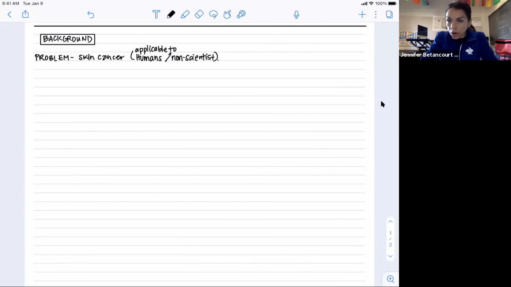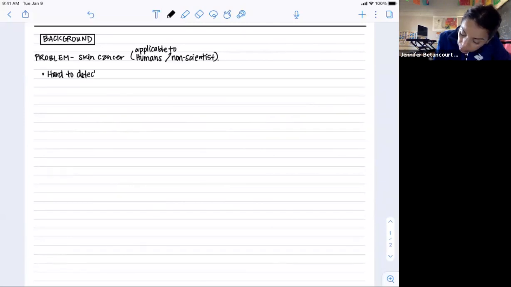Okay, so we are making a list of the things that kind of describe skin cancer as the problem of this potential grant proposal. So I'm just going to kind of skim these chat contributions. So it looks like we have something along the lines of hard to detect, okay, hard to detect early.